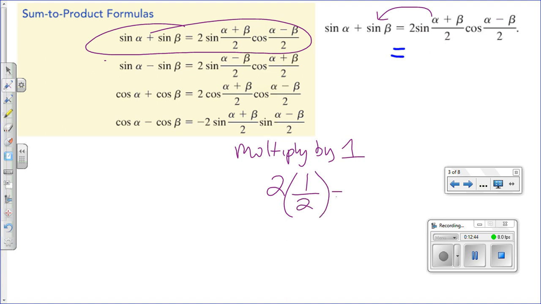Isn't it true that this is 1? Okay. So I'm going to use that trick right here. It's going to look a little bit weird. I'm just working on this side, okay? So it would be 2 times 1/2, and then times.